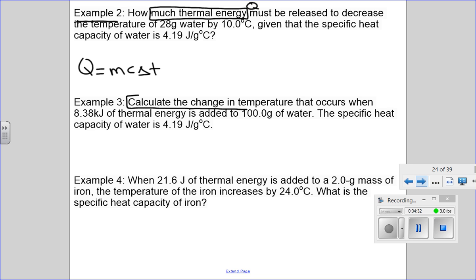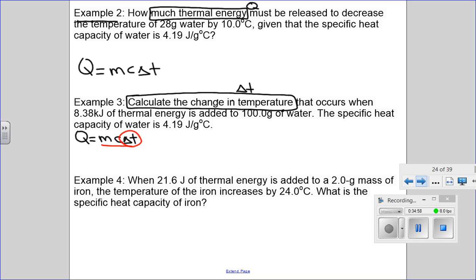Example 3 is asking us to calculate the change in temperature. That means I would like to know what is delta T in this particular case. So if I start with my original formula, and I decide that I'd like to know what delta T is, it has to be all by itself on one side of the equation.